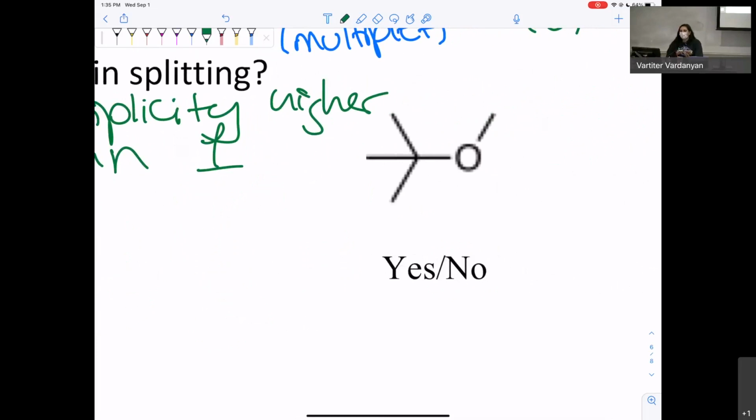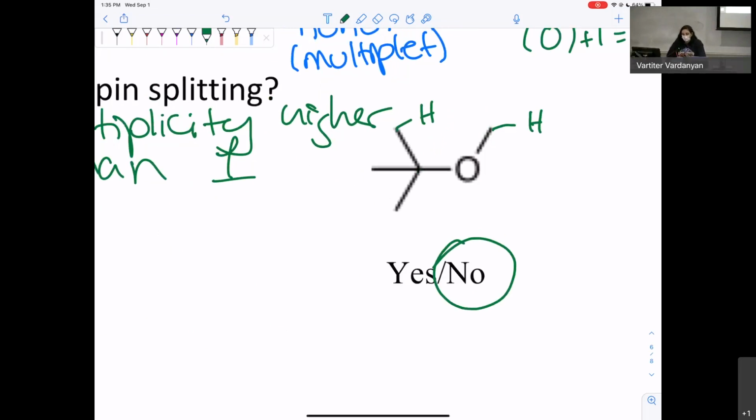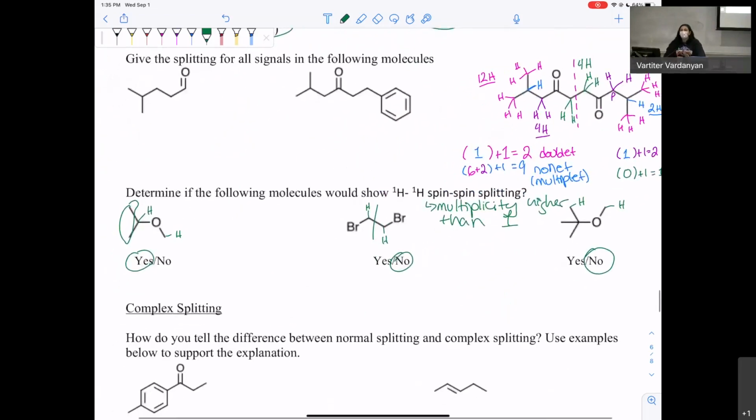This last one looks almost exactly like the first one. So do we just say yes and move on? No, why not? There's no hydrogen anymore here, and the only hydrogens we have are all the way over here. So it does not have any neighbors. We did that kind of fast. So does anyone have any questions? Absolutely.